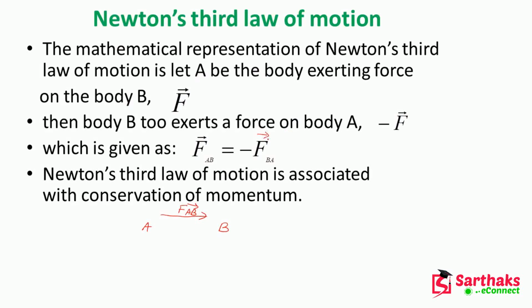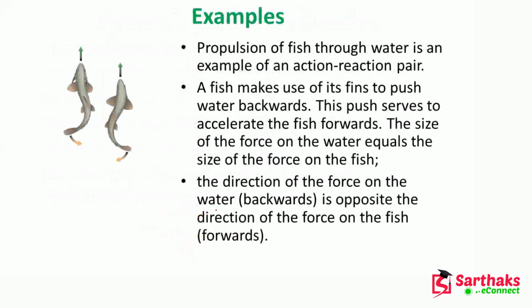Okay. So Newton's third law of motion is associated with the conservation of momentum. Here, if this is FAB, then this is FBA. Both forces will be in opposite directions.